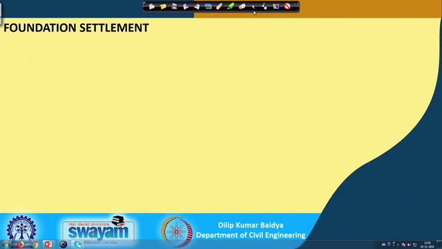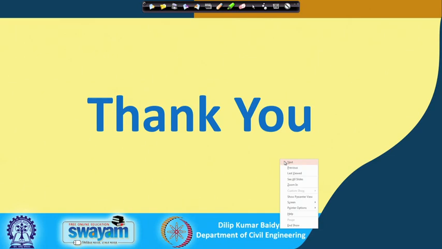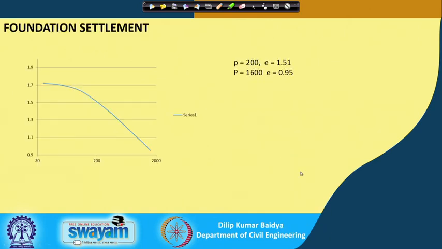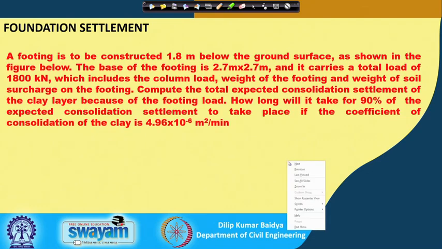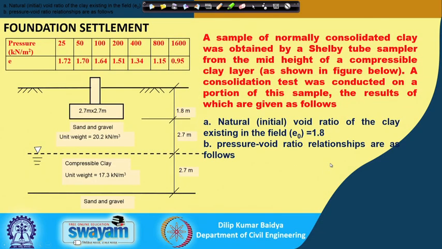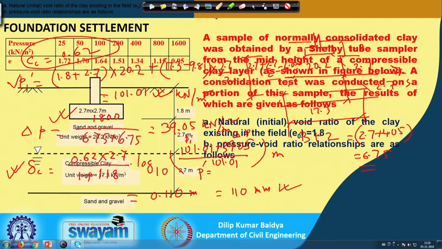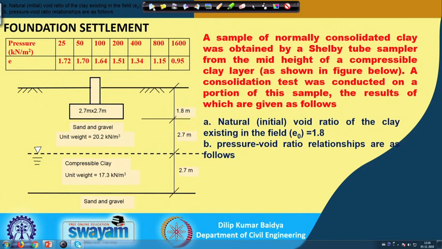So, like this we can do the problem, but once again let me go back to the problem. In addition, here it is mentioned only total consolidation settlement delta C. So, we may need to find out delta I also.